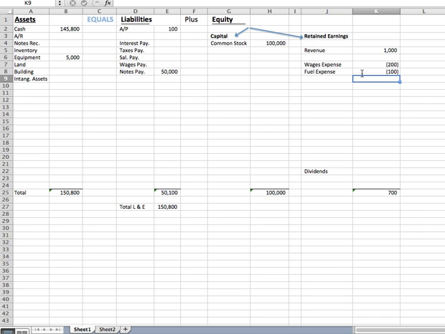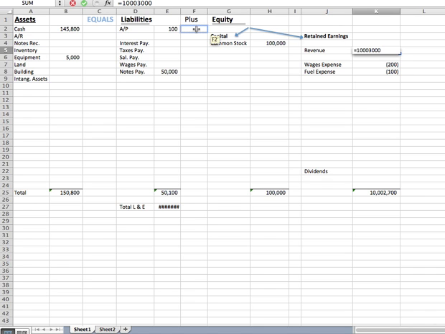Now let's assume the company goes out and earns more revenue. This time it earns $3,000. However, it is not paid that $3,000 immediately.